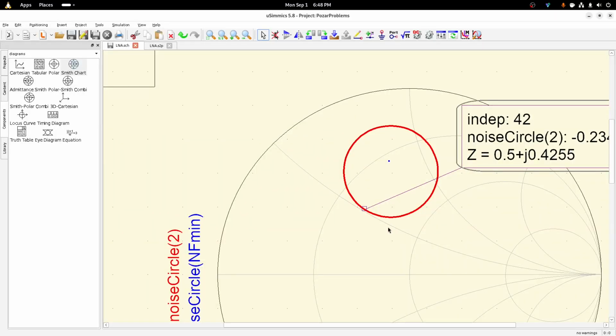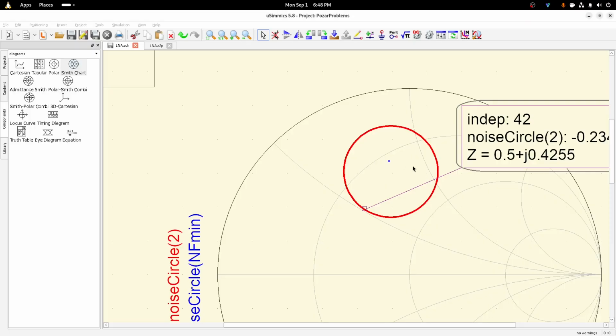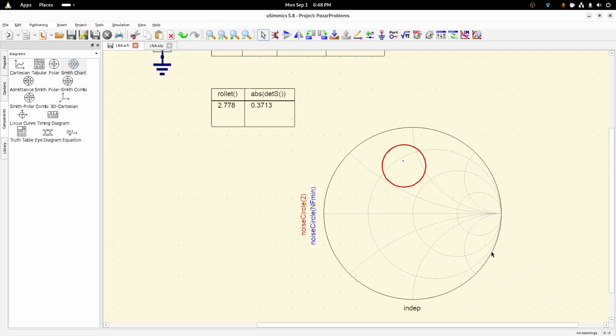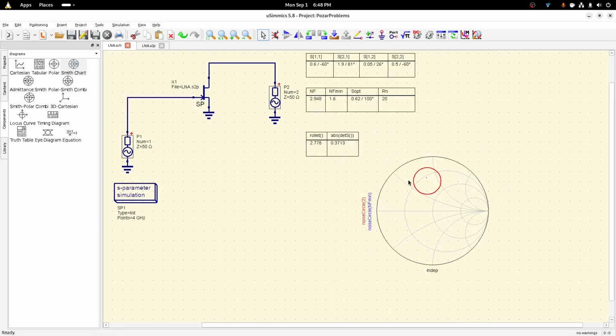It overlaps the 0.5, but here, oh wait, I'm overthinking it, yes. So this is actually, I'm dumb. This is the 0.4 demarcation. So yeah, it's all good. It's all well and good here. So yeah, that's how you write and interpret S parameter files with noise.